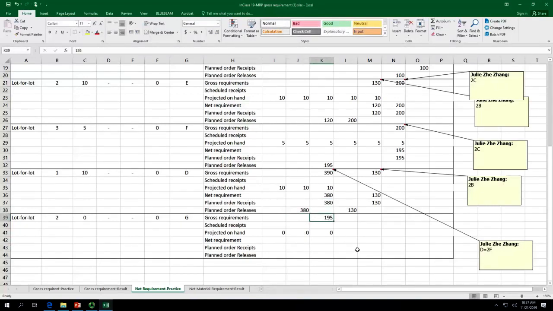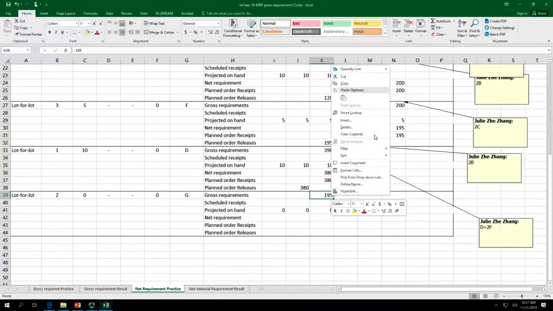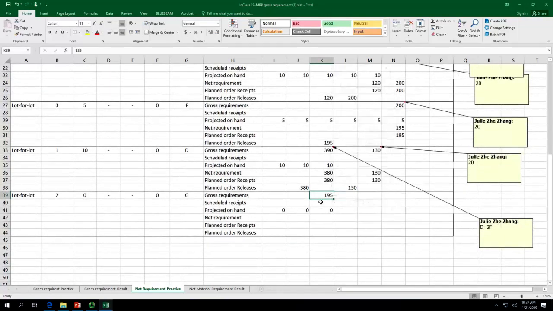For G, this is 1F. So F it is 195. Here it is 195. There's no inventory at hand, so this one equals 195 subtract 0.